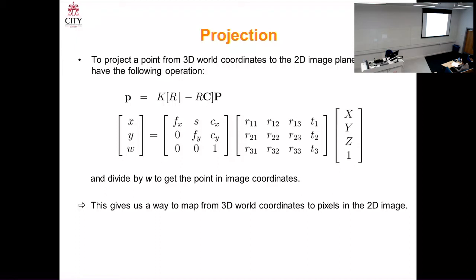Okay, so essentially what I've done using these equations is I've taken a three-dimensional point and I've projected it to 2 dimensions. Are you with me? So then to get the actual pixel location, I'm going to divide by W. Okay, so I'm going to dehomogenize the homogeneous representation. And then I've got the actual pixel location in the two-dimensional image that this 3D point projects to. Does that make sense?